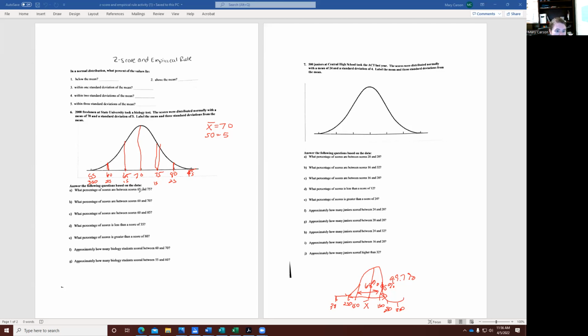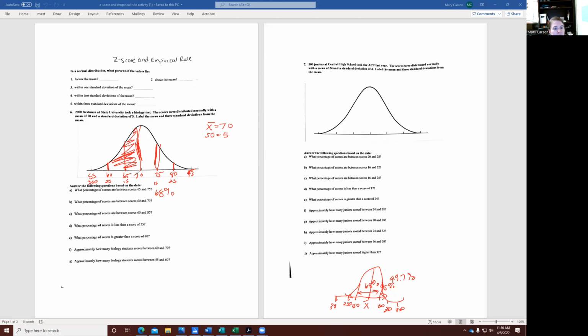So this says, look at the percentages from 65 to 75. What percentage of scores? Well, that's 1 standard deviation, which means 68% of people fall within that. What percentage from 60 to 70? We're just looking at this part.